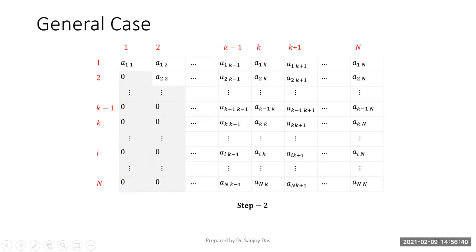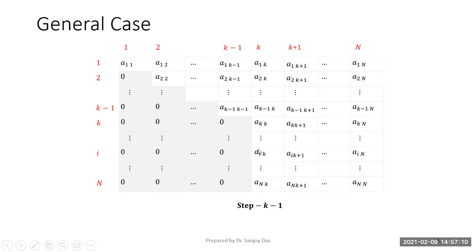Now, in step 2, I use row 2 and then zero out these elements, which are below A22. And then suppose this is step K minus 1. So what do I do in step K? This is my step K. Now let's focus on step K.